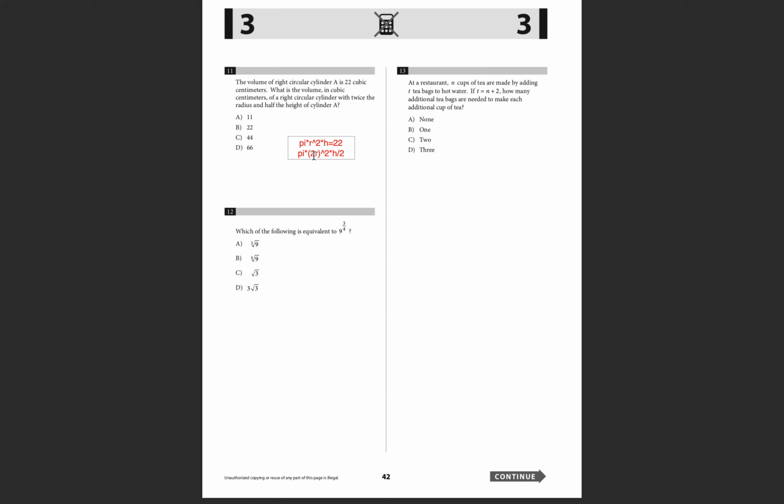So 2 squared is 4, and 4 over 2 is 2, this gives us finally pi times 2 times r squared times h, and it asks for what's this. So we find out this is twice the original equation, which is 22. So we get 2 times 22, which is 44.